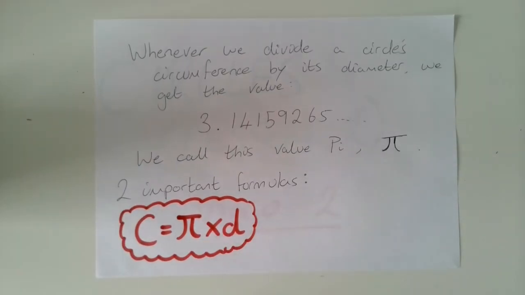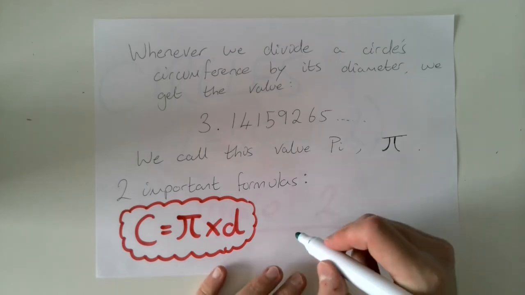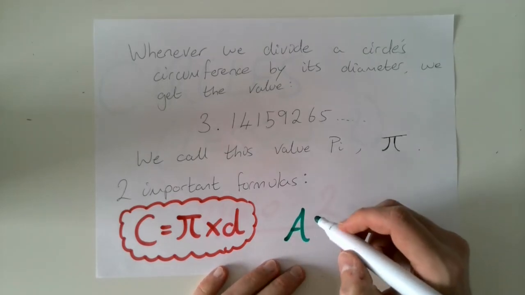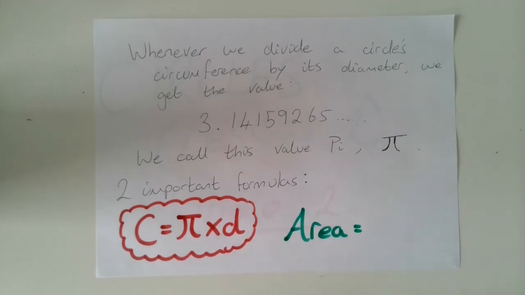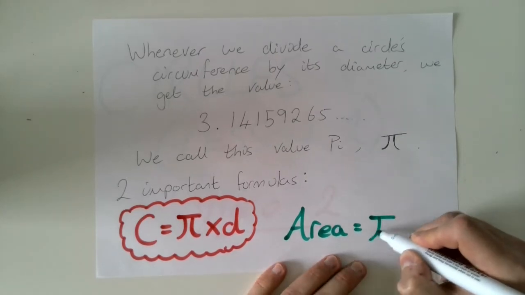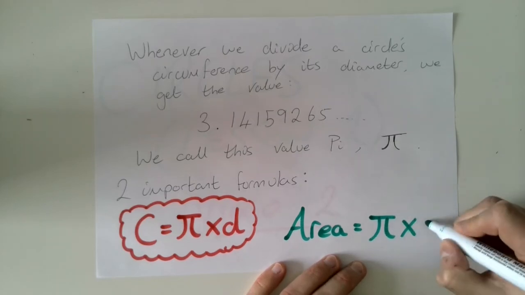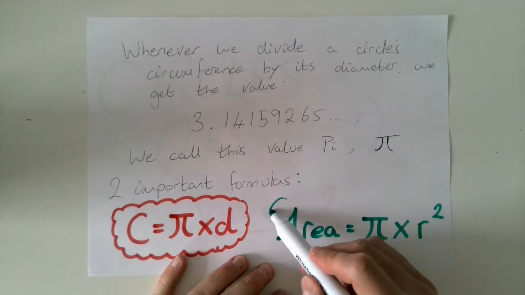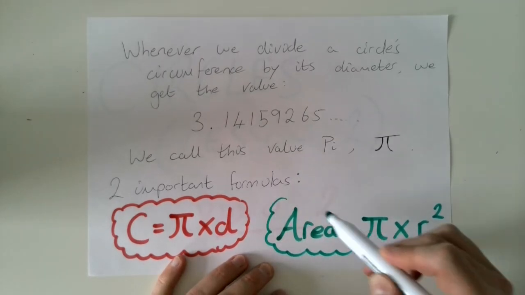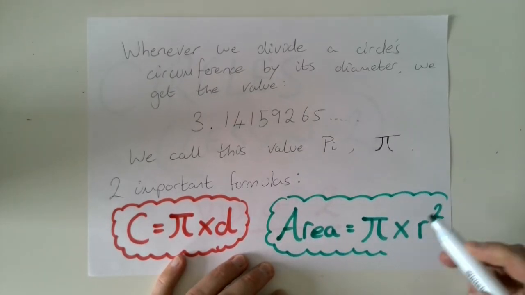And the other one, which we're going to look at next lesson, is that the area of a circle is given by pi times r squared. Now we haven't come across r yet, but that stands for the radius of a circle, which I'll explain next lesson.